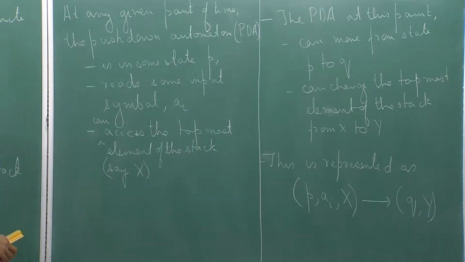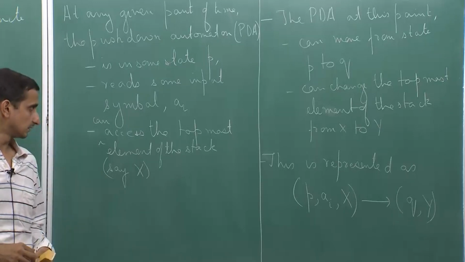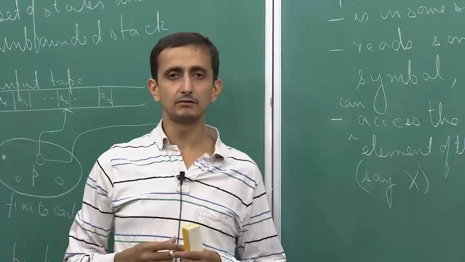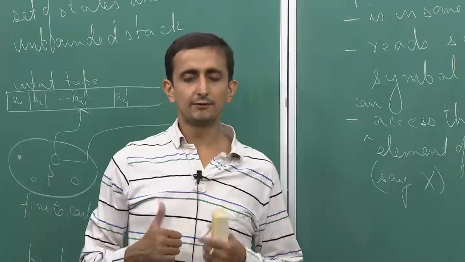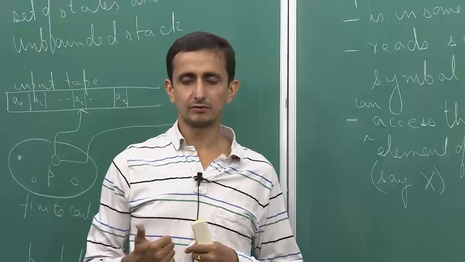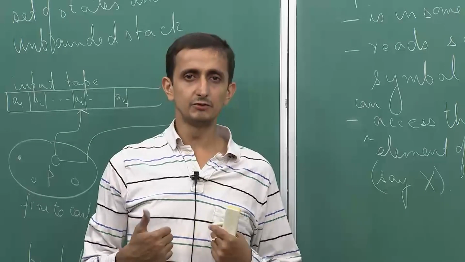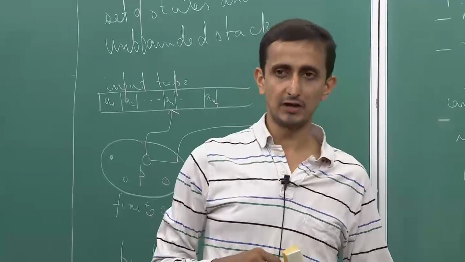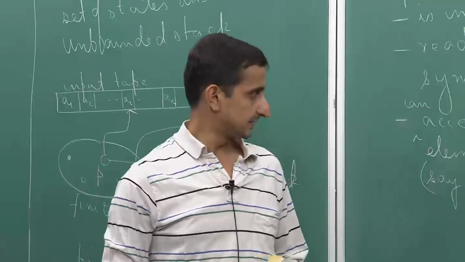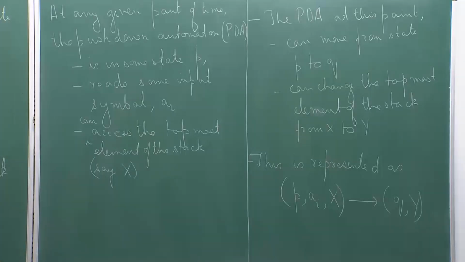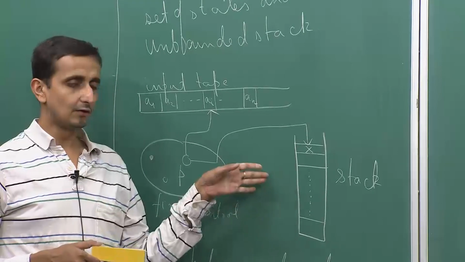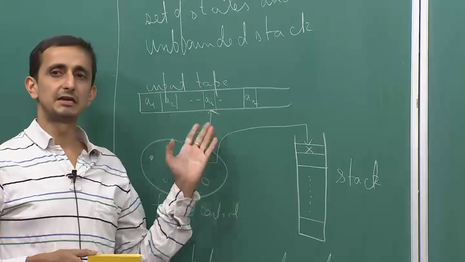One more important point that I should mention at this stage is that when we talked about finite automata, there was only one alphabet, the alphabet from which we used the symbols of our input. Okay. So, it was called the input alphabet. But now, since we are dealing with a stack, we will allow the stack to have its own set of symbols. It is not necessary that the stack will have the same symbols as the input.